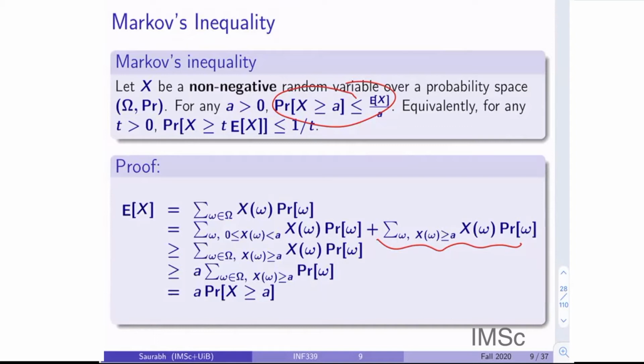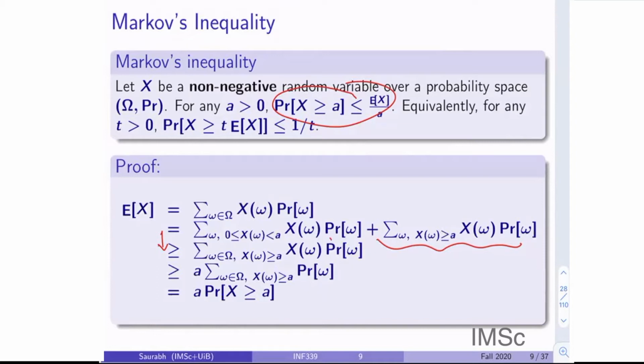If this would have been negative, can I say that this step implies this step? Well, no, because it's possible that this is some negative quantity and this is some positive quantity, right?